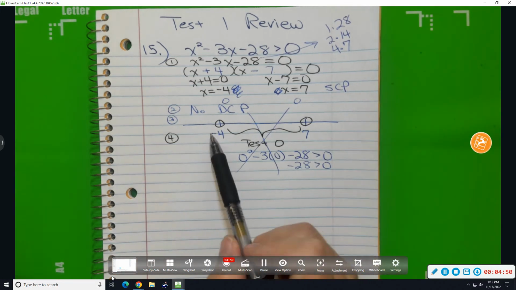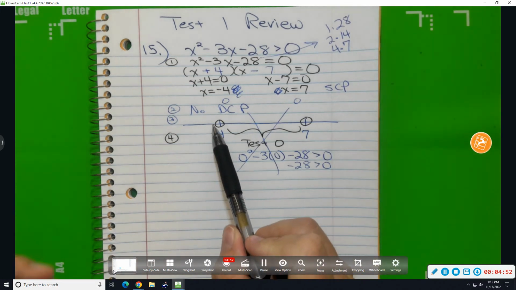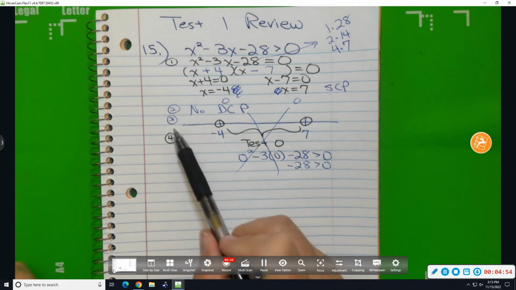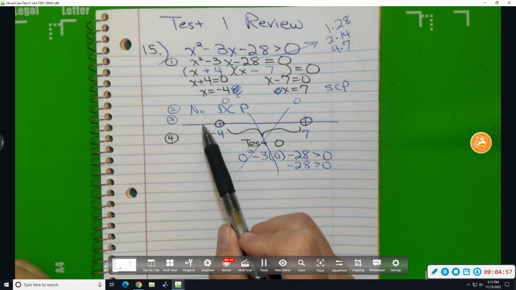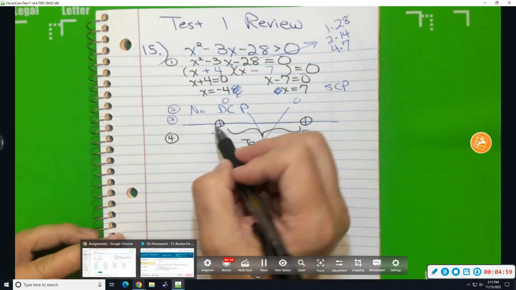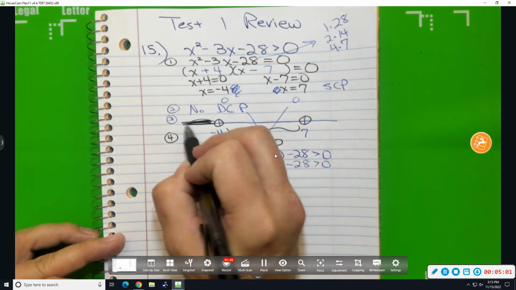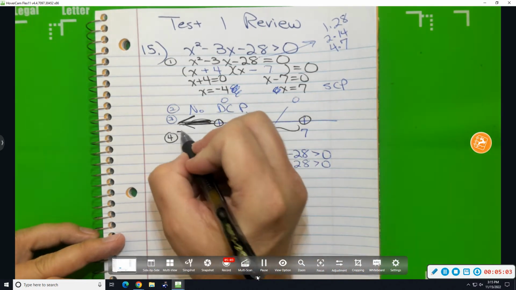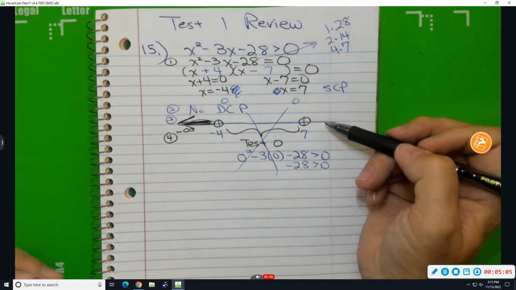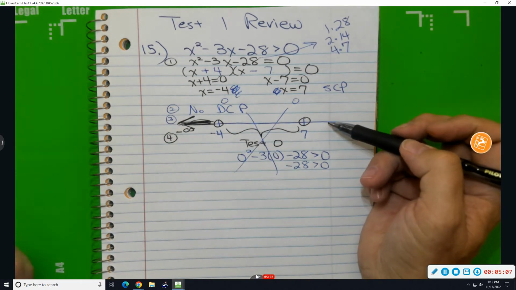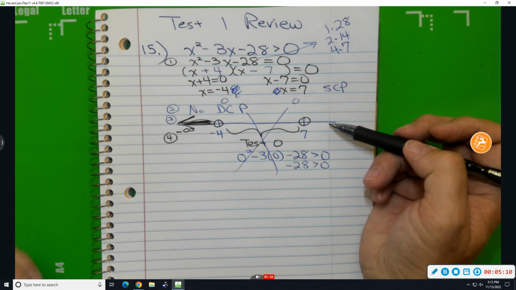That means if we had tested something like negative 5 or negative 10 over here, what would we expect? Shade or cross out? Shade, I agree. And that keeps on going to negative infinity. Suppose we checked 8 or 10 over here. What do we expect? Shade or cross out?